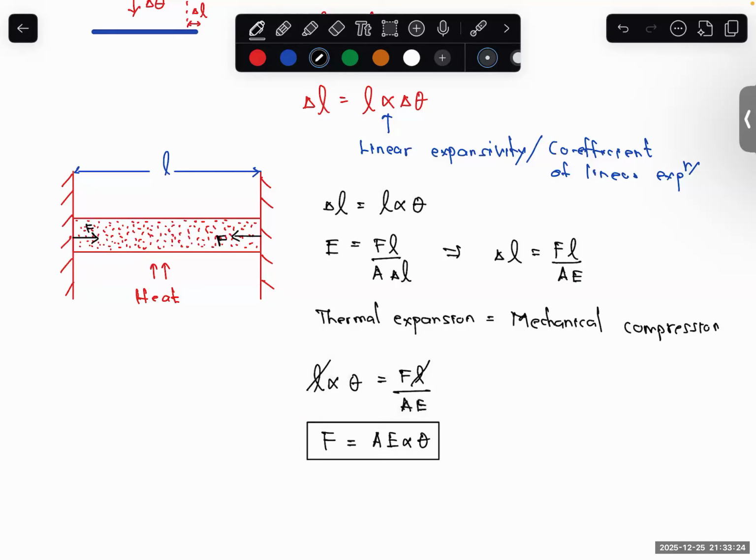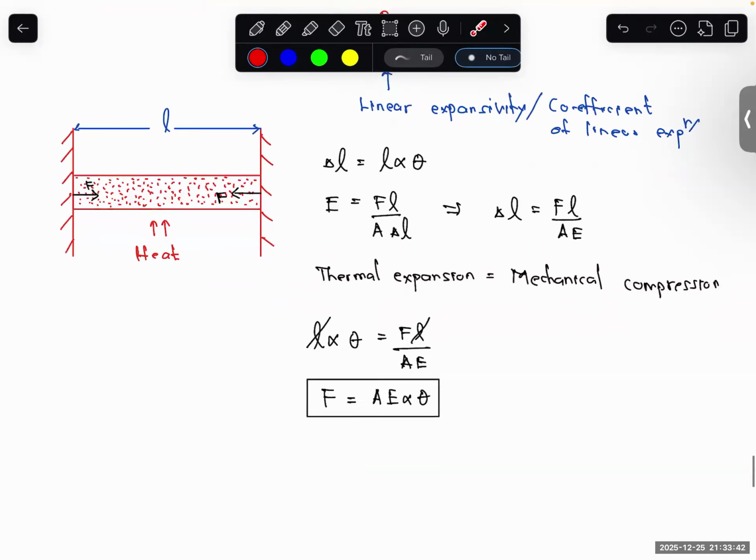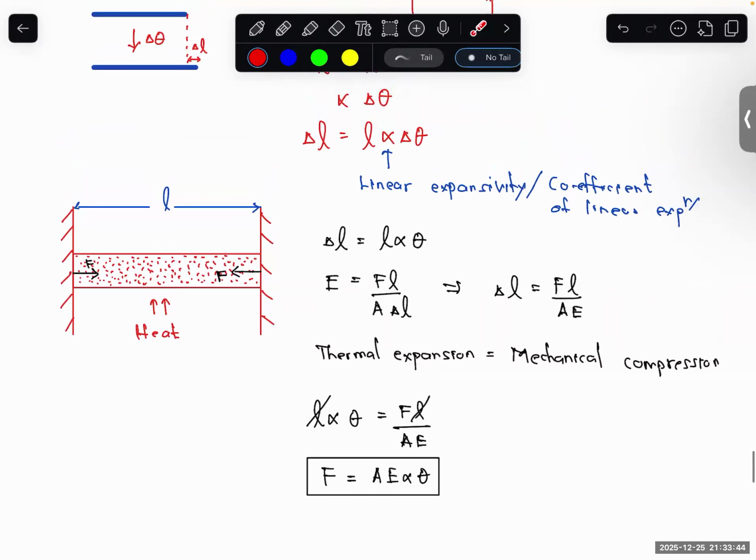Now listen to me carefully. This is the force applied on this. Here F is applied, here F is applied. So what is the total force acting on this? It's like you are giving a force T on each side, and the tension is T. Those two don't cancel.